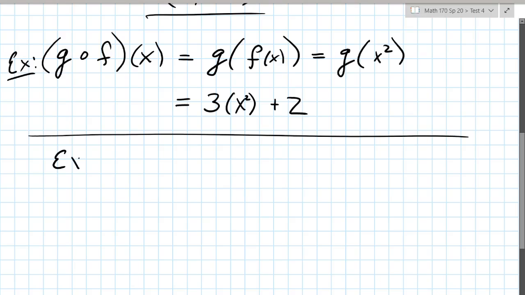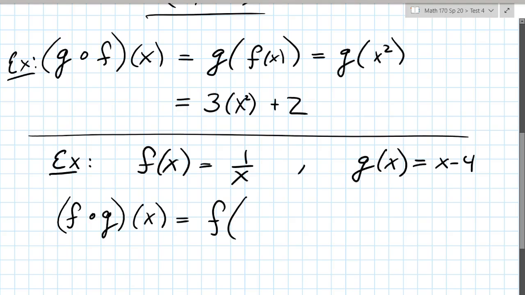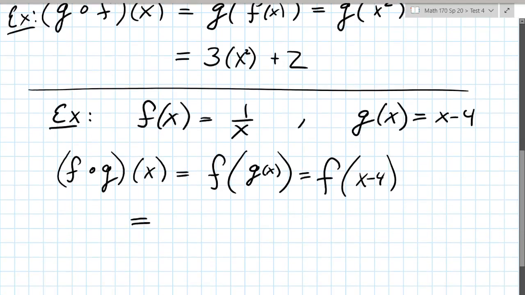Let's look at another example. So f of g of x means f of g of x, or f of x minus 4, which is everywhere we see x in the f function, we're going to replace it with x minus 4.